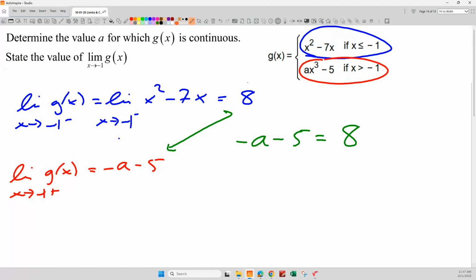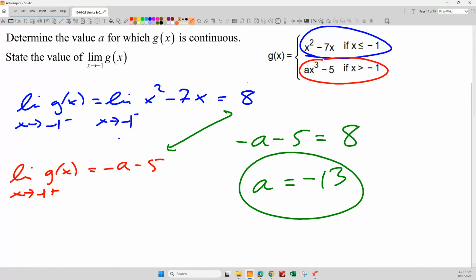What do I get? a equals negative 13? Oh, hold on, did I do that right? Yes, right. Okay, so then the answer for a is -13. That's the value that we have to choose for a.